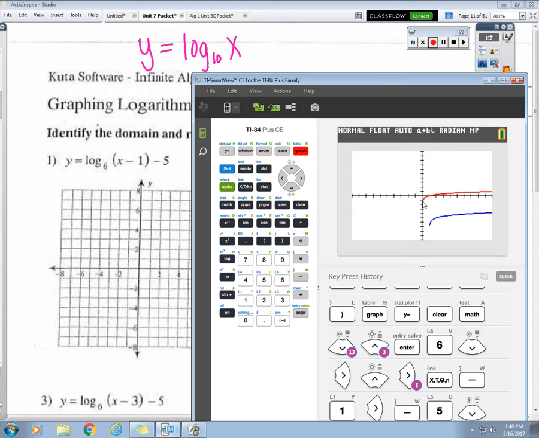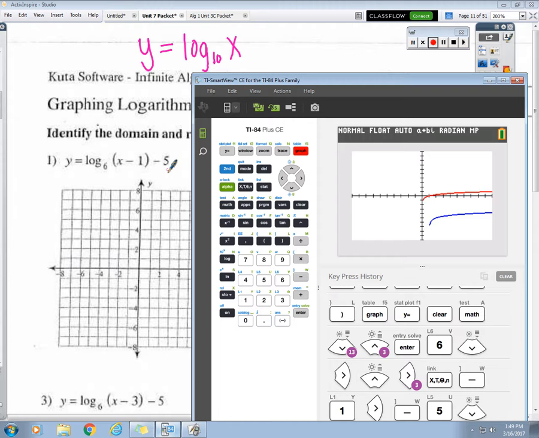Because look, see how that one starts at -1, and then down 2, 3, 4, 5. I can count: 1, 2, 3, 4, 5. You're looking at the turn. And then see how it moves to the right 1 unit. Look, right 1, down 5.